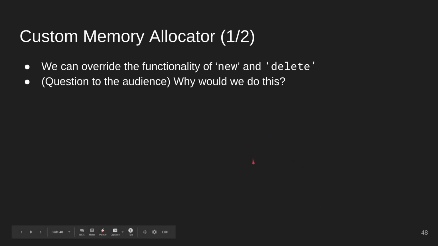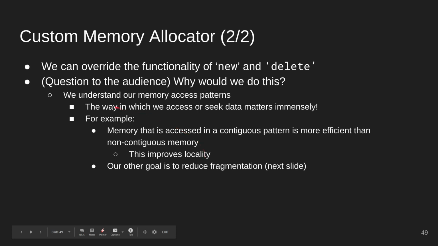Again, it's for performance, so that's sort of given away. If you said performance, that's exactly why. That's why we're doing all this work. But we can also figure out our memory access patterns and exactly how much memory we'll need, so that we can do this pre-allocation for our game.